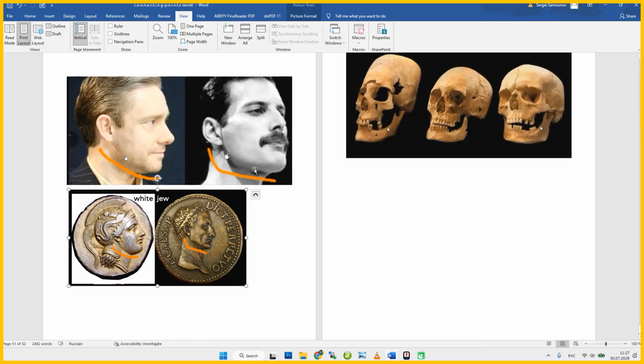You see, this jaw shape is more extended, and this one is a little bit smooth. Same thing, different. Like here, you see the jaw shape of this skull, this skull, and this skull. This is not 100 years. This is not 1,000 years. This is a million years, guys.